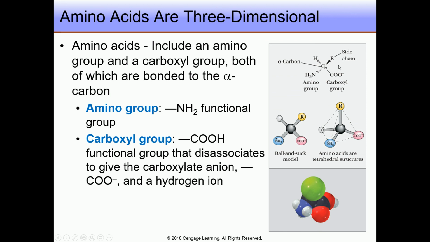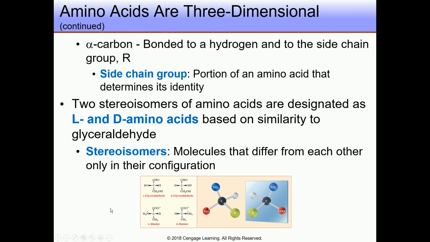One is the L form and the second is the D form. It is all on the basis of their configuration in space, and the molecules which differ from each other in their configuration in space are called stereoisomers. So the amino acids can exist in L and D forms. I think I have explained this basically.